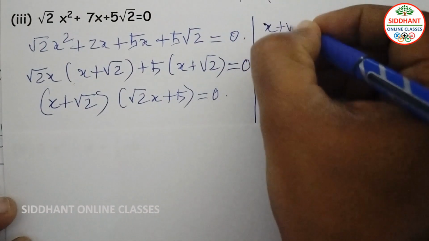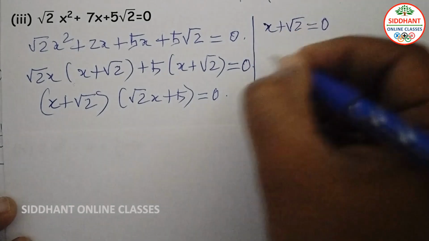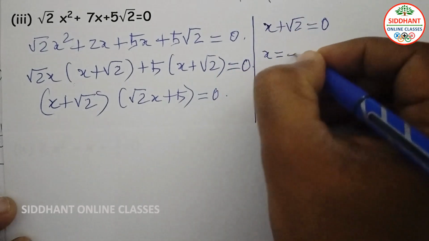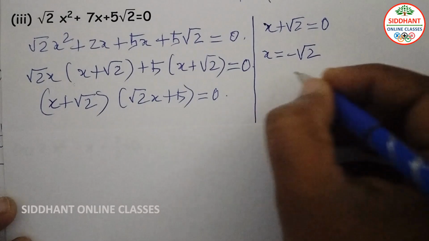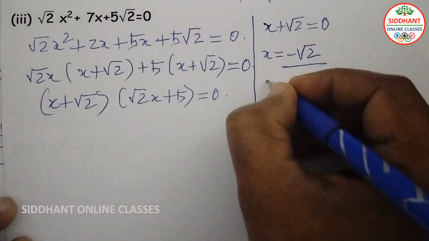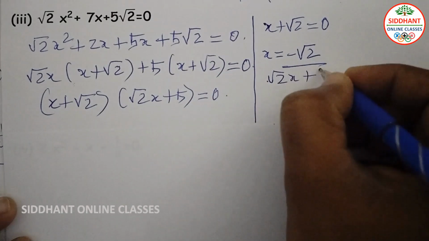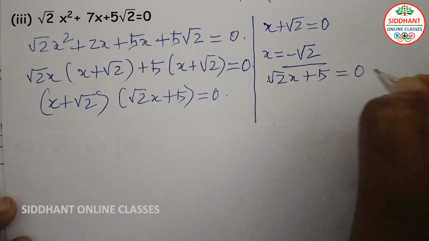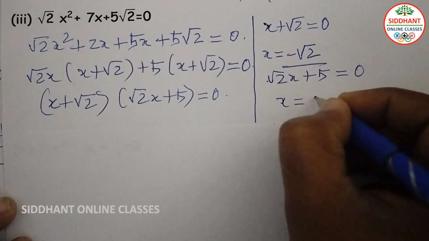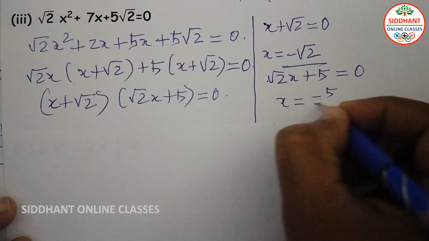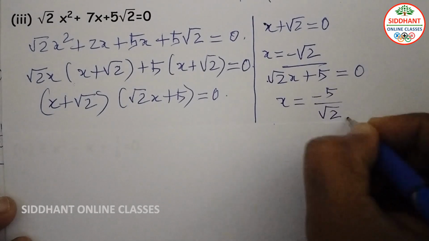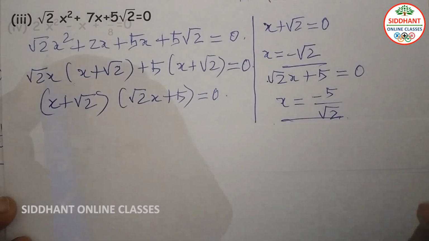So x plus root 2 equal to 0, then x equal to minus root 2, one. Next root 2x plus 5 equal to 0, that means x equal to minus 5 under root 2. This is second.